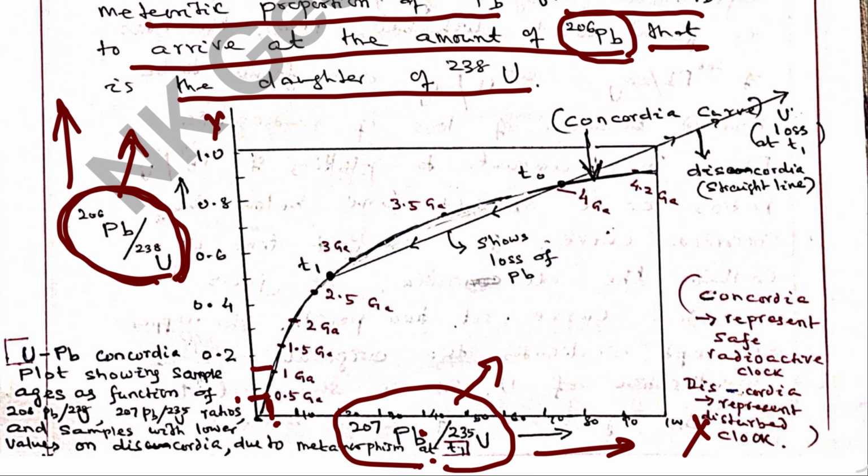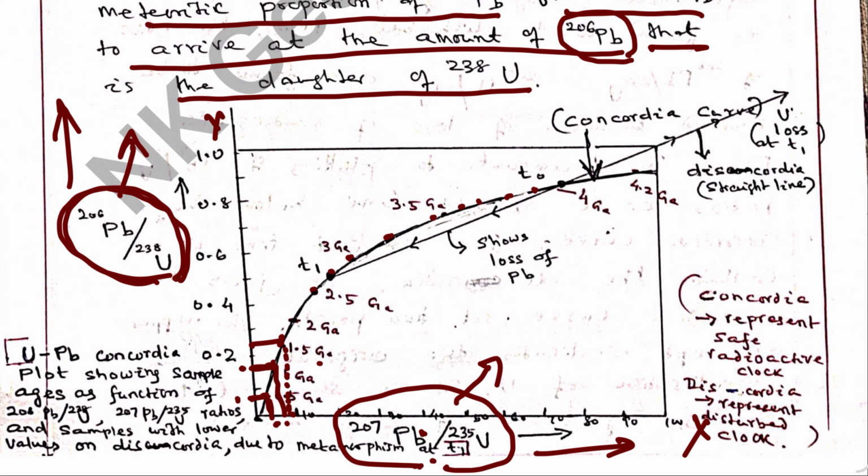Similarly, this ratio gives 0.1 billion years, whereas this ratio gives 1 billion years. This is the point for 1.5 giga-years given by Pb206 by uranium-238. This is the ratio, and this ratio of Pb207 by uranium-235 gives 1.5 billion years. So in this manner the points are plotted.